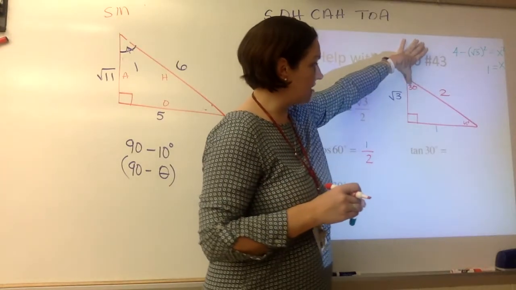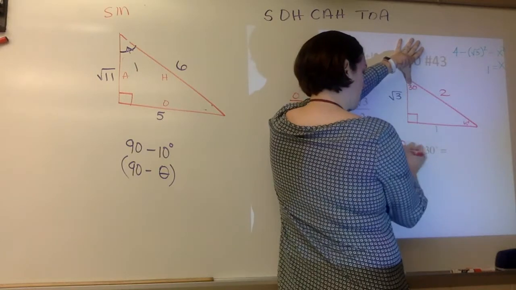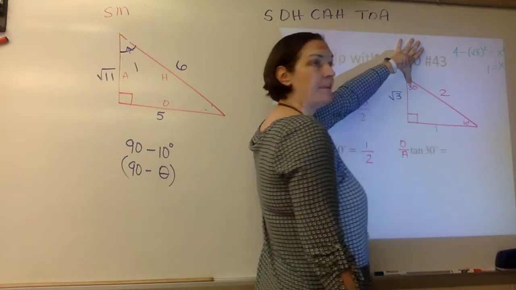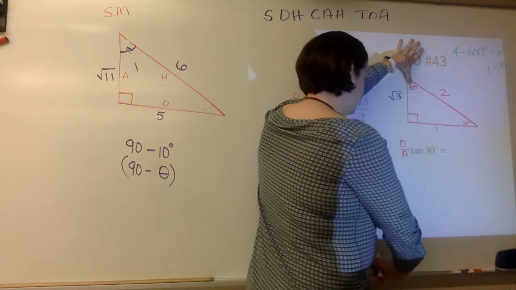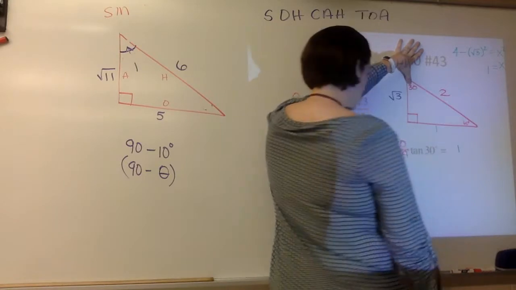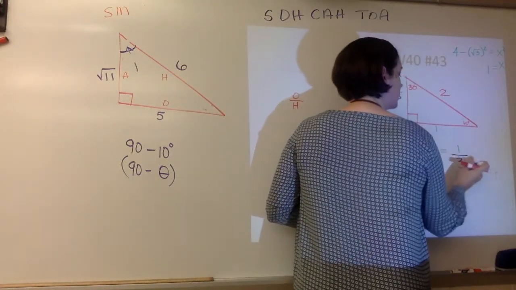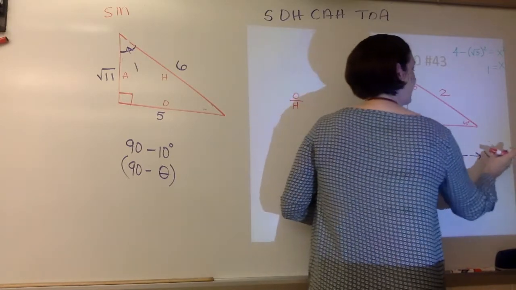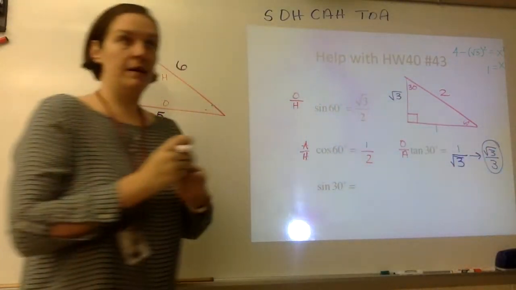If my focus is on my thumb at 30 degrees, tangent is O over A. What is the opposite side to where my thumb is at 30 degrees? 1. And what is the adjacent side? Root 3. So it starts off like this, but then of course we have to rationalize it, which gives me root 3 over 3.